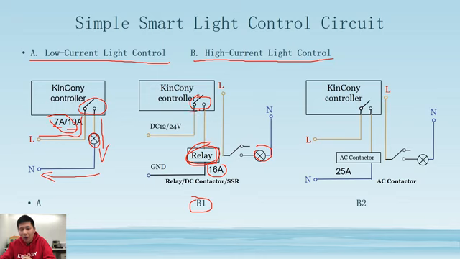It's not according to the KinCony controller's relay current, because this time the controller's relay sends a DC power through the relay and controls another external relay. So this has a very small current, and usually this relay coil is 12 volt or 24 volt.